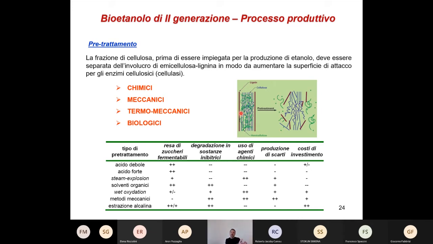Okay, and you can see the brown, which is lignin, and for example in the external part of the biomass the concentration of lignin is very high, and there is a strict connection between cellulose, hemicellulose, and of course also lignin. So you have to break down this structure, deconstruct the structure, and the pretreatment does this.